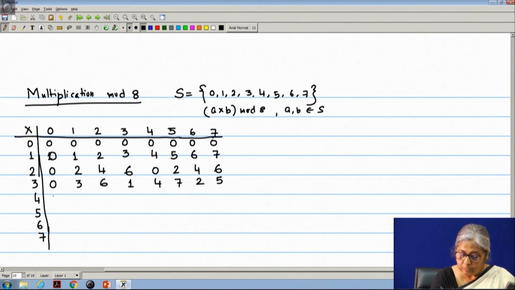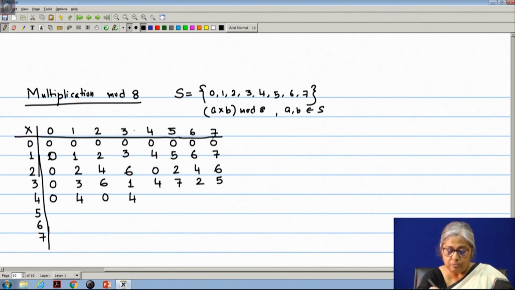Now 4 into 0 is 0, 4, 8 modulo 8 is 0, 12 modulo 8 is 4, then 16 modulo 8 is 0, 4, 24 is 0, 28 is 4.